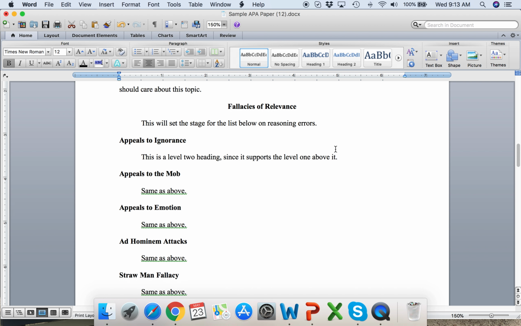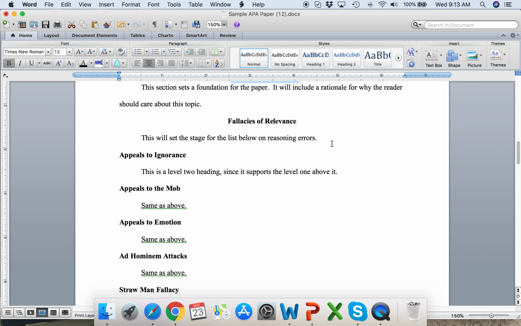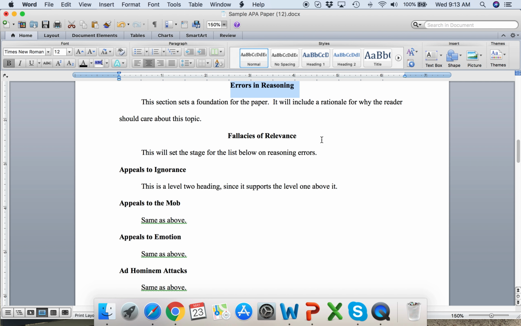Remember we talked about errors in reasoning, which you're going to be reading about this week. They happen because of what Facione and Gittins call a fallacy of relevance. They list several different fallacies that you could include in this paper. So fallacies of relevance is a main heading that I have for the paper.